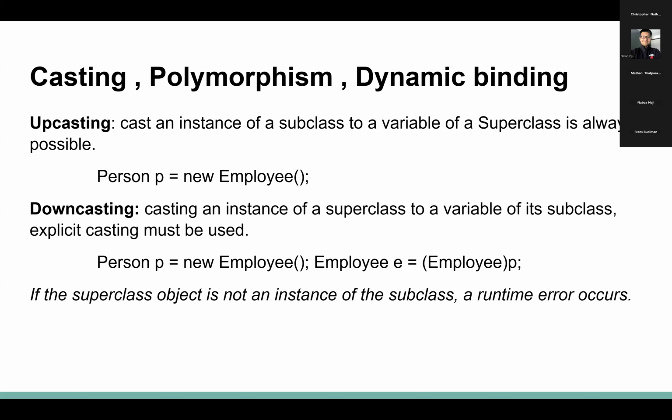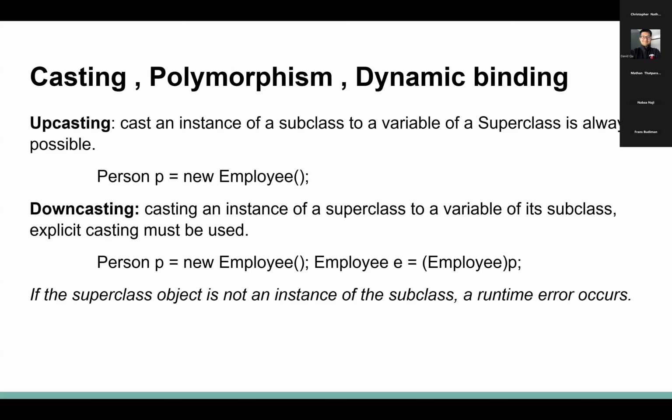For the downcasting part, this is very tricky. You're trying to cast a person to be an employee, but you have to make sure the person you created has a runtime type of employee.